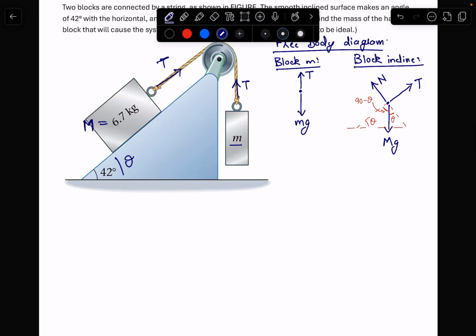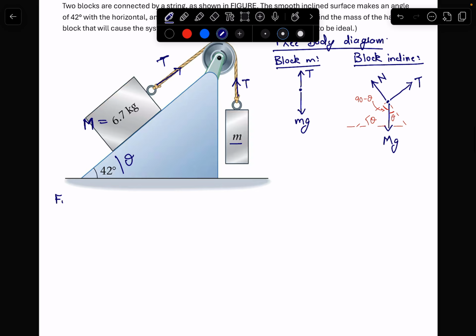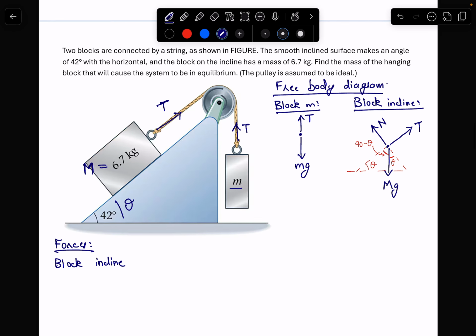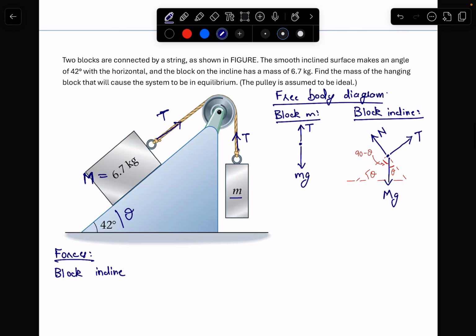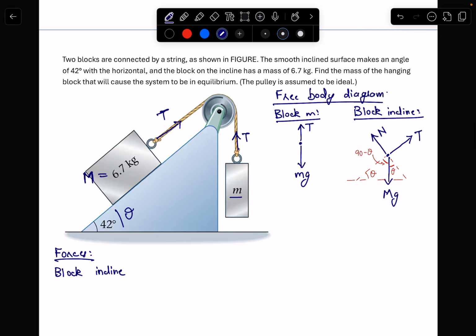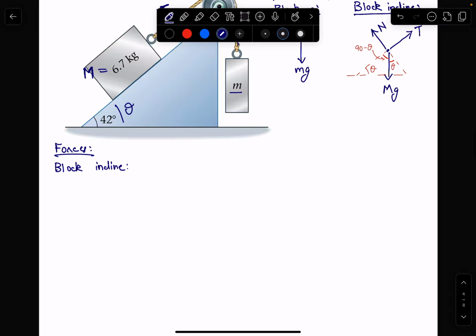So now looking at the forces for the block on the incline, just a second, I'm trying to see if they want us to use friction. They haven't mentioned friction. Oh, it's a smooth inclined surface. Perfect. So no friction.